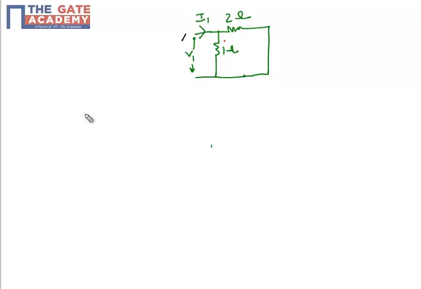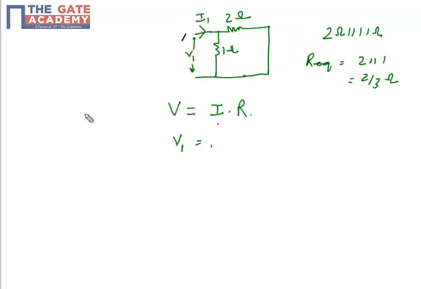The equivalent resistance for this circuit is 2 ohm in parallel with 1 ohm, so R equivalent is 2 parallel 1, that is 2 by 3 ohm. Using Ohm's law, voltage is equal to current into resistance. For this circuit, the voltage is V1, the current is I1, and R equivalent is 2 by 3 ohm.